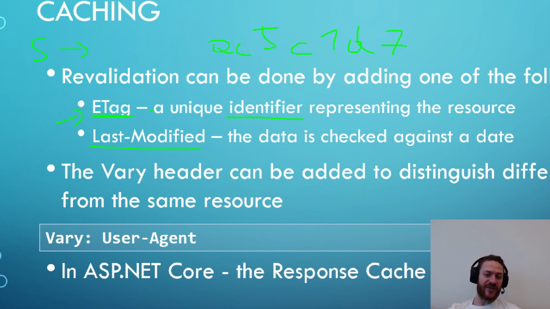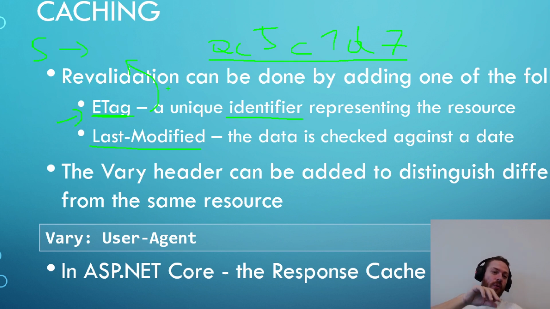So the browser sends the ETag, and if the server has the same ETag, the server returns that the data is not modified, so the browser can use it from the cache. This is how we can protect the browser from fetching the same image multiple times. We can add an ETag.